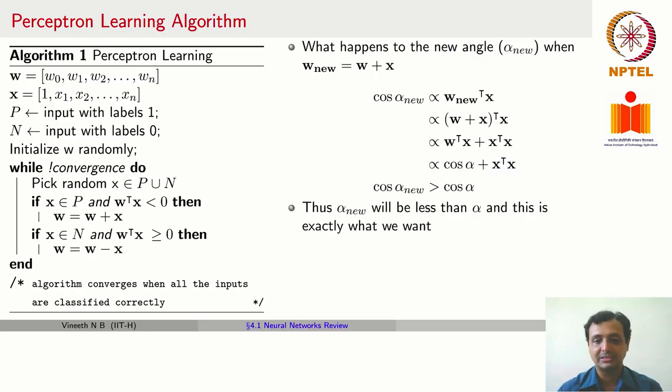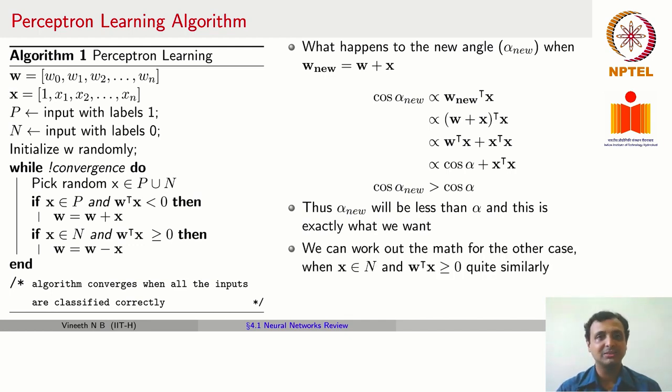Rather, this tells us that alpha new, the angle, will be less than alpha, and hence we are going to get the right weight vector, which will ensure that points belonging to P have the output of the perceptron greater than or equal to 0.